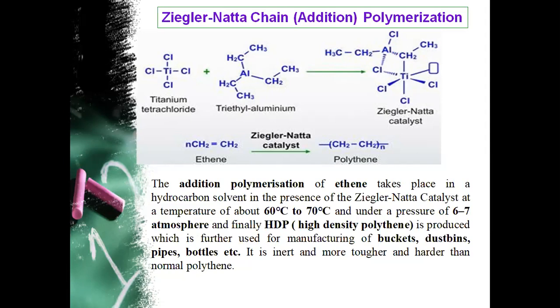And finally, we get the polymer high density polyethylene. This HDPE is used for the manufacturing of buckets, dustbins, pipes, bottles, etc. It is inert, tougher and harder than normal polyethylene.